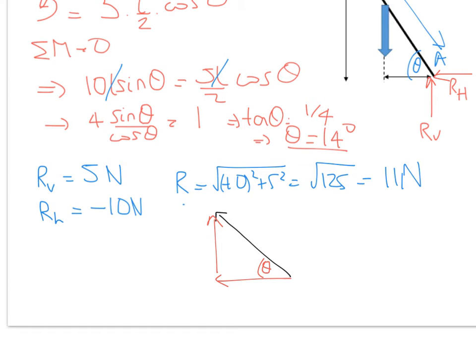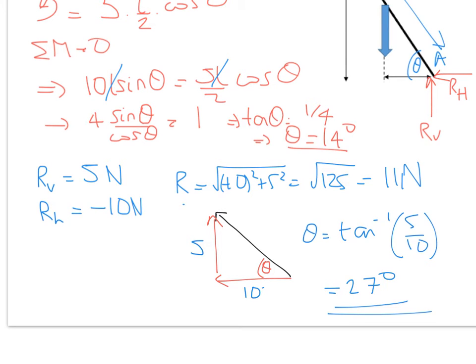So we know that this side is going to be 10, this side is going to be 5, so theta is going to be inverse tan of opposite, so 5 over 10, so inverse tan of a half, which is 27 degrees.